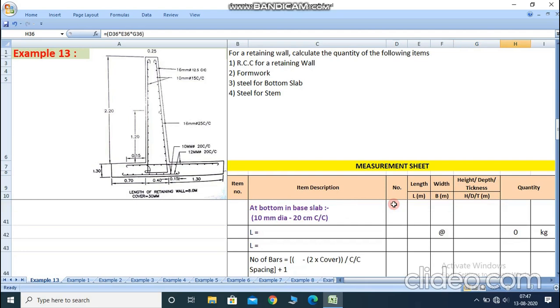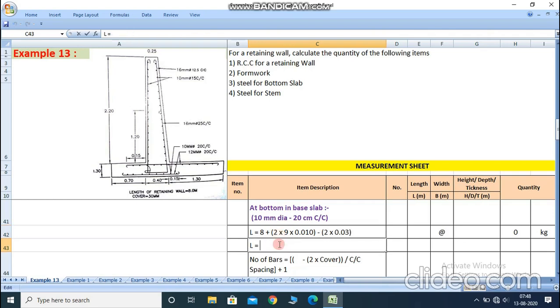Now we calculate for the bottom of the slab. The total length is the same as above, but we calculate it again. So 8 plus 2 times 9 into D for the hooks, where the diameter is 0.010, minus in the bracket 2 times cover, so minus 2 multiplied by 0.03.